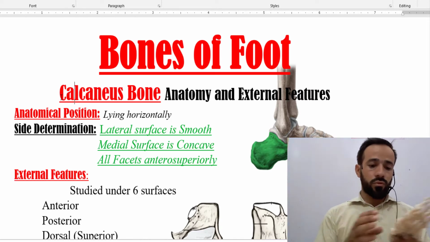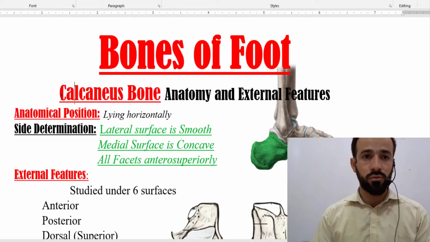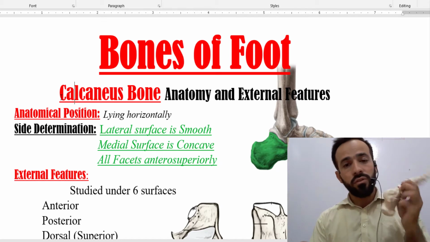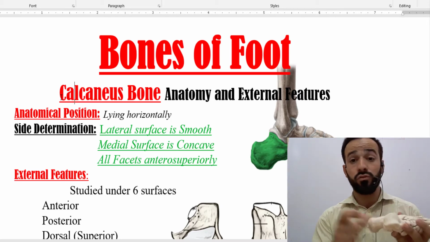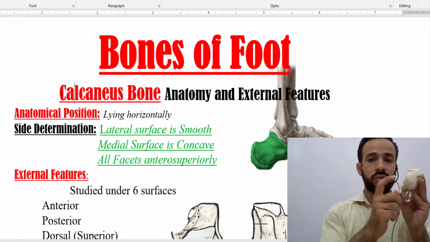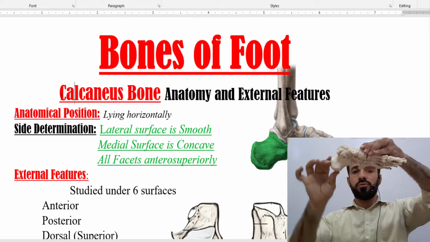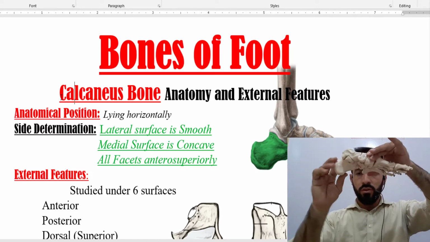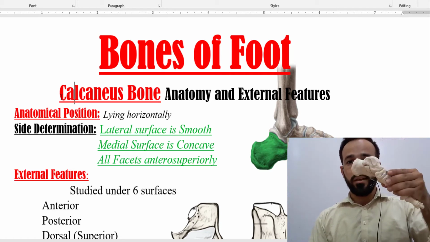We have 7 tarsals and 5 metatarsals, and then the phalanges. The largest and strongest bone of the foot is the calcaneus bone. It makes the lower posterior part of the foot. This is the bone we are going to discuss right now in our lecture.